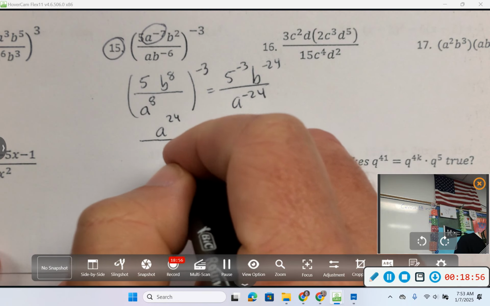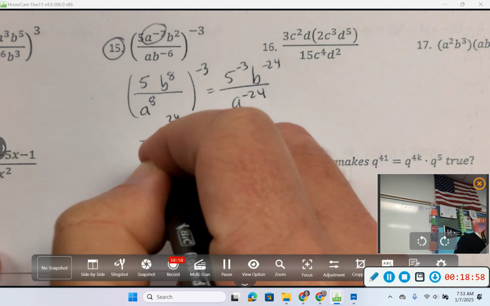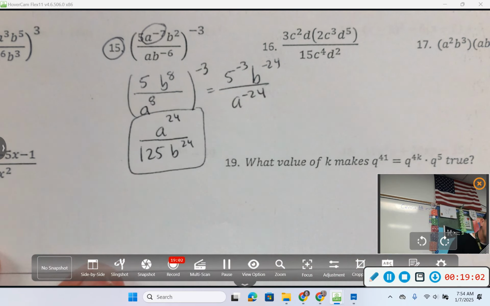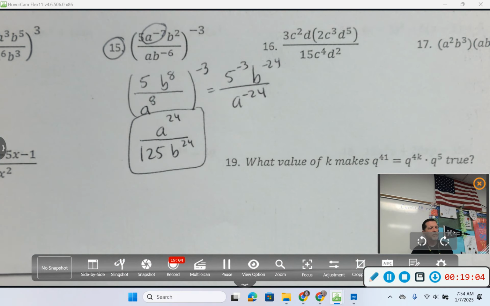Anybody know what 5 cubed is? 25. B to the 24th in the bottom. Why can't we have a negative exponent? We don't like a negative exponent, so we move things around. Well, technically, could you have -120? Oh wait. That's fine. Careful, negative exponents flip it over. They don't make the base negative.